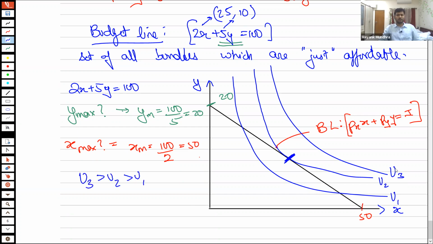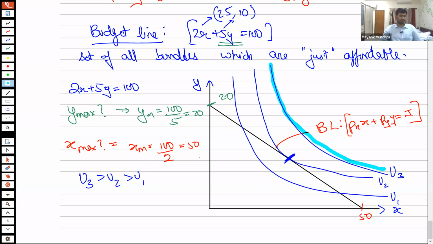So obviously U3 is higher, but it is unaffordable. All indifference curves with utility greater than U2 do not have any intersection with the budget set. So no point on the indifference curve U3 is affordable. So even though I like U3 more than U2, I cannot purchase it.